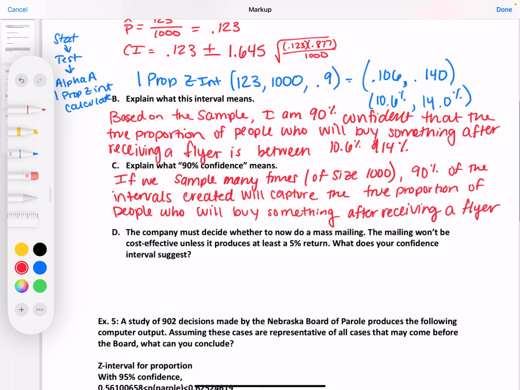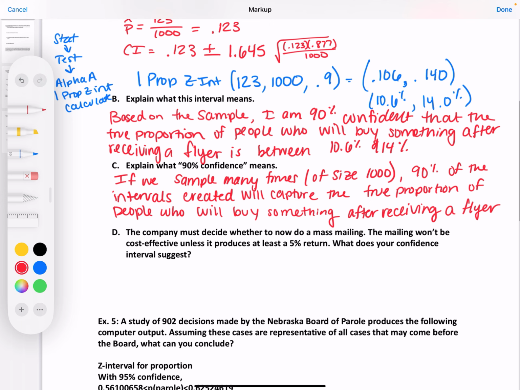I don't think they need to do that because it's already between 10.6 and 14. Yeah, but they did it on a sample to see if it will work on the whole population, and they will only do it if it's at least 5%. This is bigger than 5%, right?